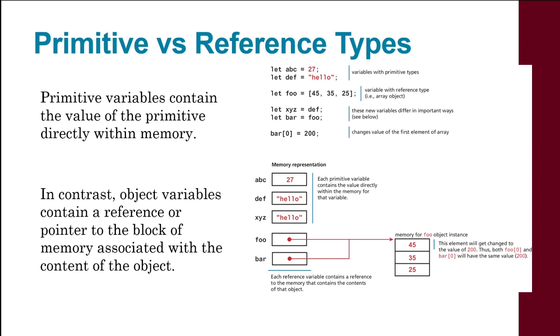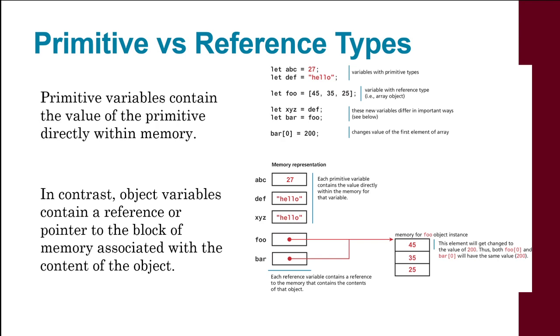It's setting the first element of the array to 200. We're setting bar equal to foo, which means that bar is now functionally equal to 45, 35, 25. And then we're setting the first element of bar to 200.